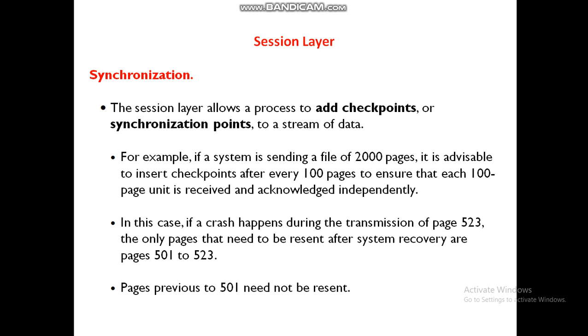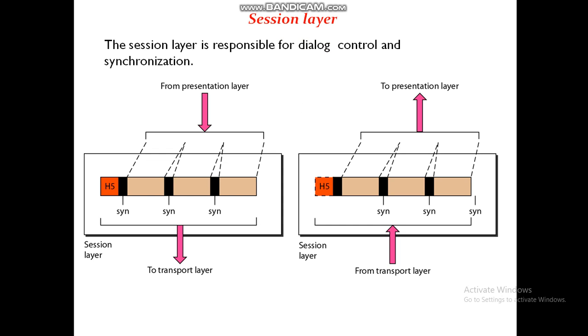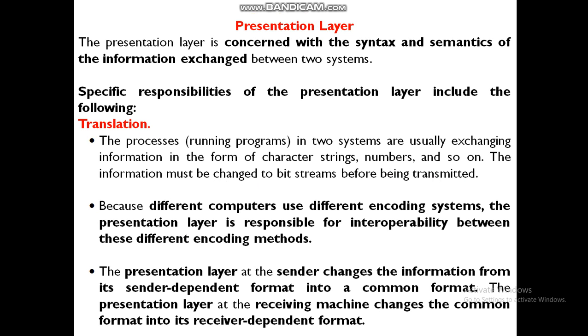Not all the pages from the beginning have to be resent. This level of synchronization with checkpoints is performed by the session layer. So the position of the session layer is clear in this figure, and the main activities are dialogue control and synchronization.